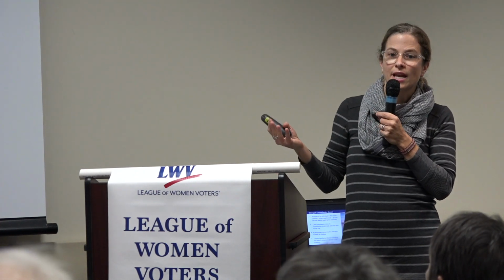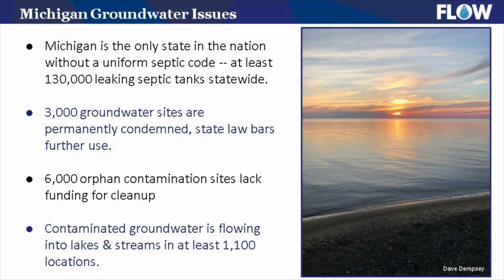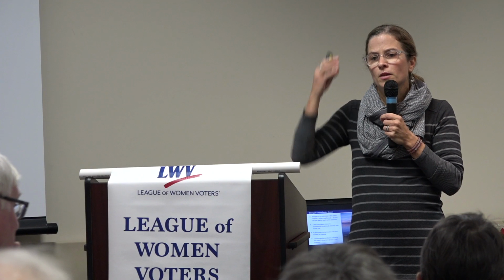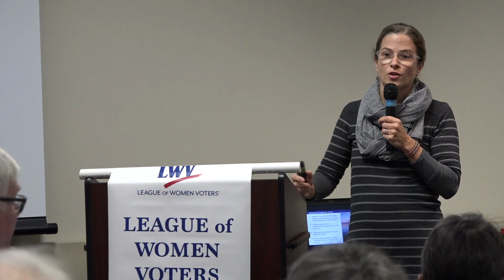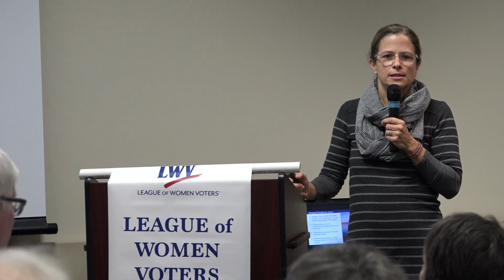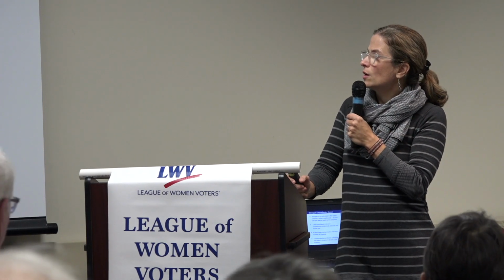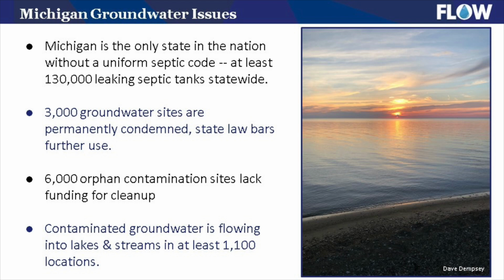The legacy of contamination is very significant in Michigan. We've got over 3,000 sites that we call sacrifice sites, where there are deed restrictions and covenants that forbid the use of groundwater. That's a lot of places to just say it's off limits. And then in addition to that, we've got another 6,000 orphan contamination sites.